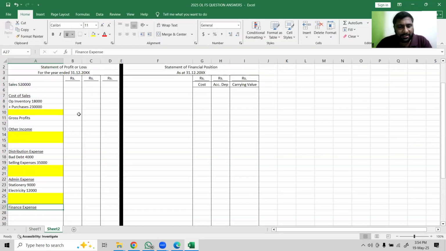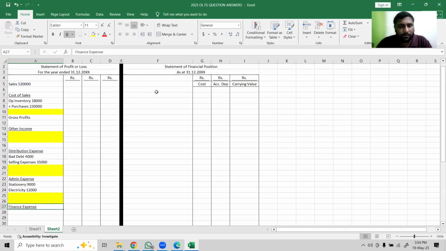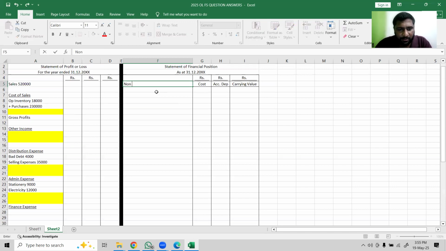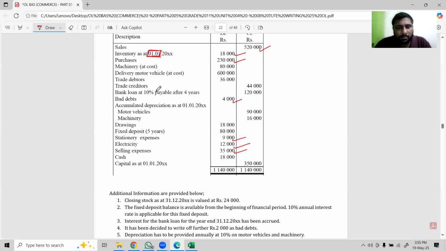Now we'll go to the balance sheet. In the balance sheet, we have to start with the non-current assets. So non-current assets, we have two.